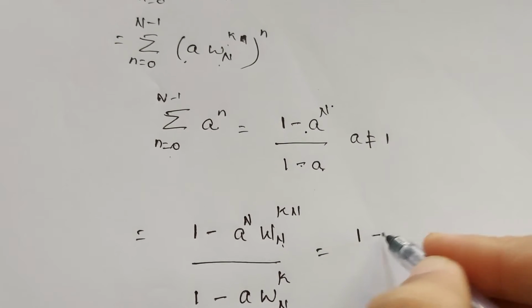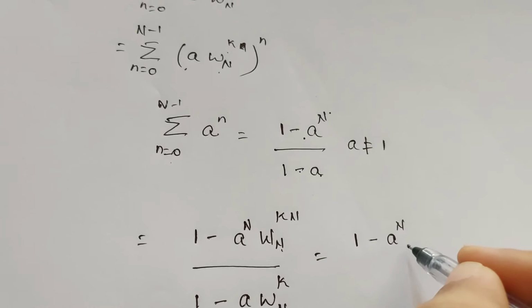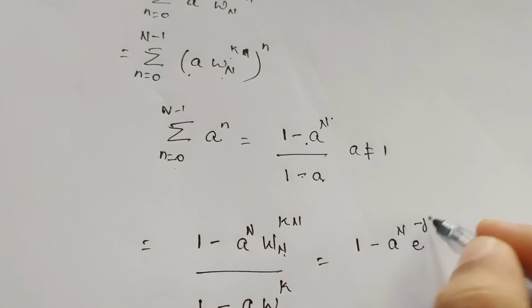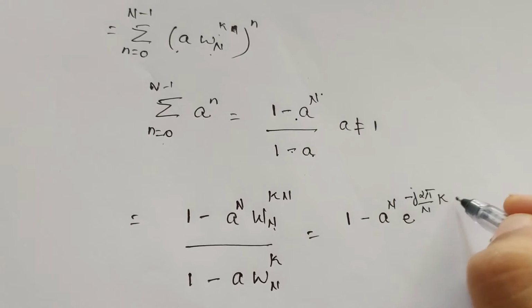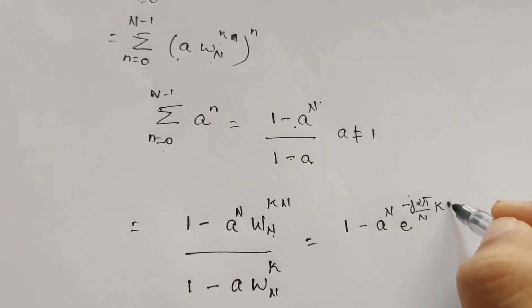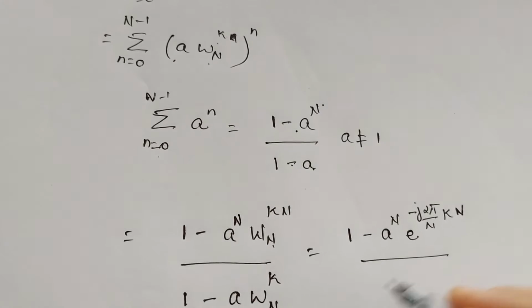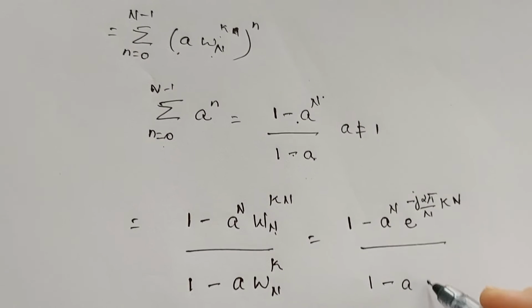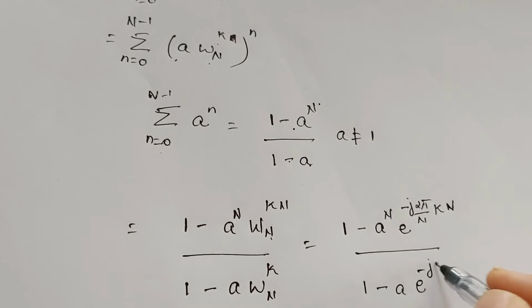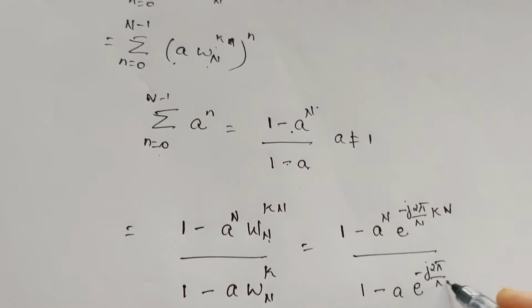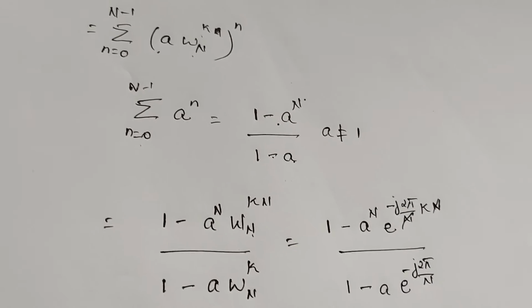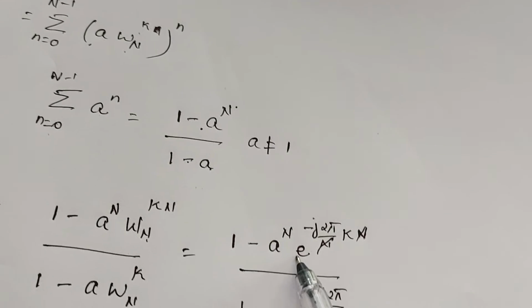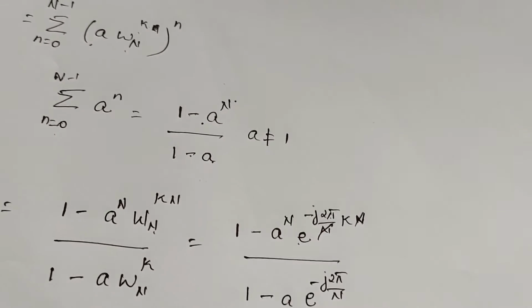It is e to the power of minus j 2 pi by N. So it is 1 minus a to the power of N, e to the power of minus j 2 pi by N into k into N, divided by 1 minus a into e to the power of minus j 2 pi by N. So this N and this N will get cancelled. So now e to the power of minus j 2 pi.